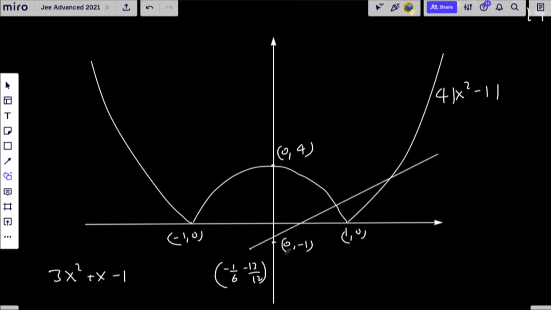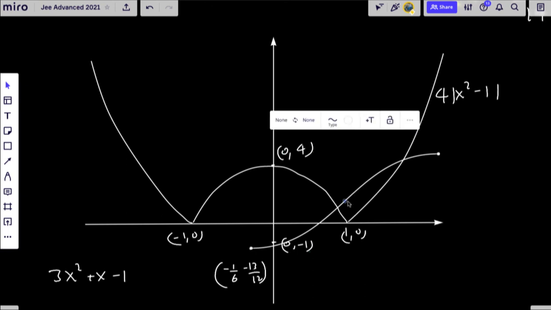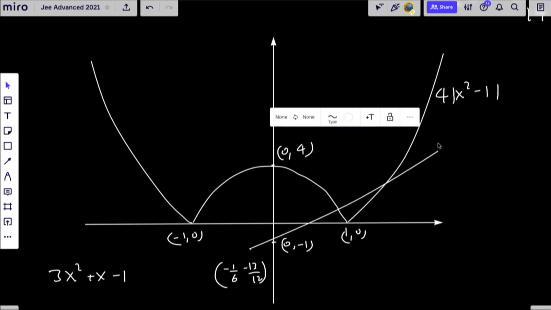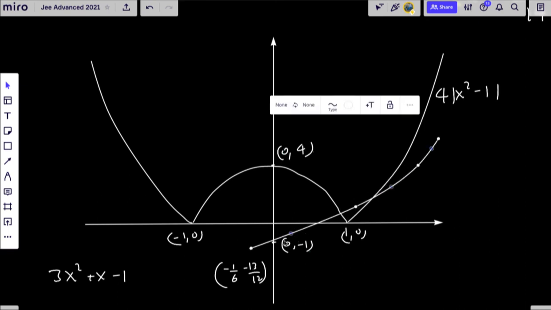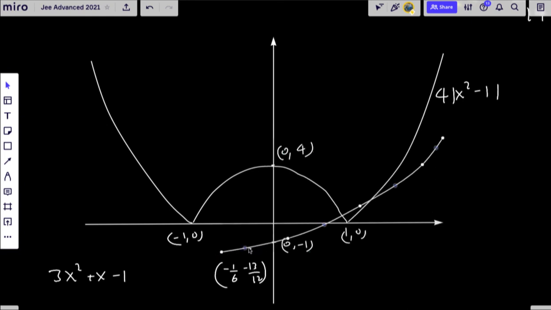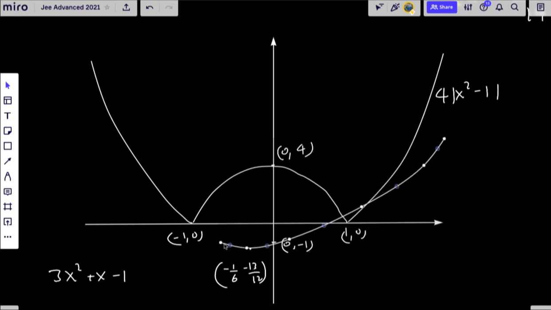It's not a straight line, it's not like this way also. So the graph will be like this way. Although it passes through 0 comma minus 1, and this point is the minimum portion, this is the negative part, and this part will be over here.